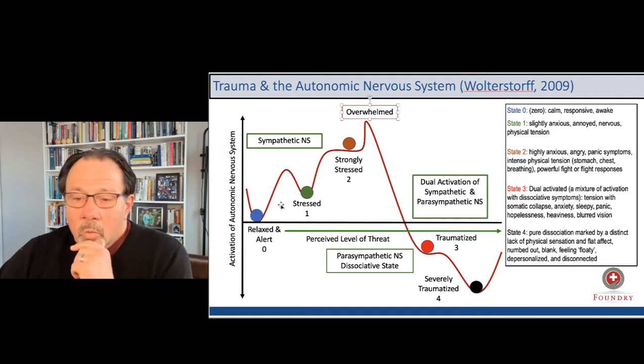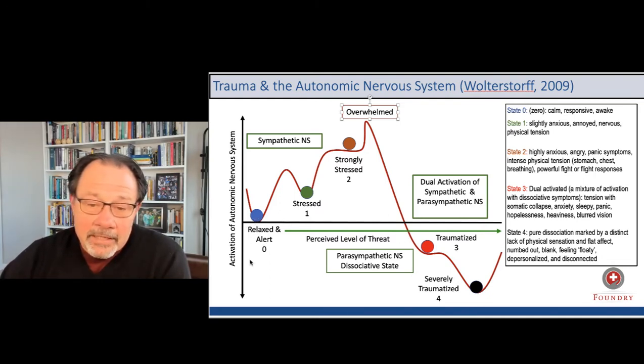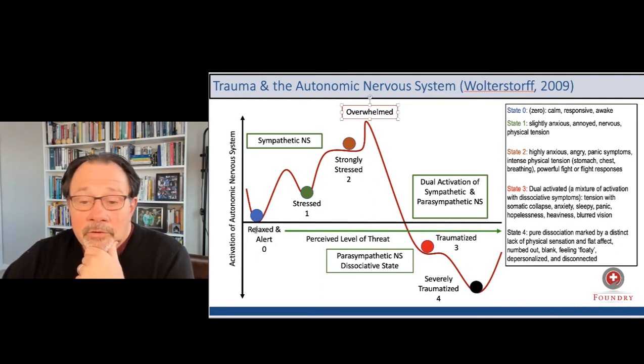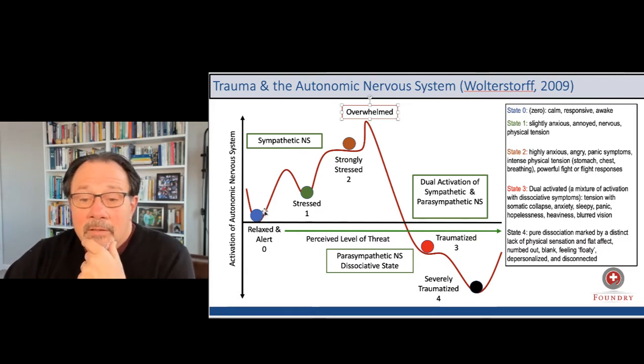And so what activates this is our perceived level of threat. So this green line, if we look at where state 0, or the relaxed state, is here, there's actually no perceived threat. And then as the threat level increases, the activation of the sympathetic nervous system takes place, and the person moves into a stressed state.